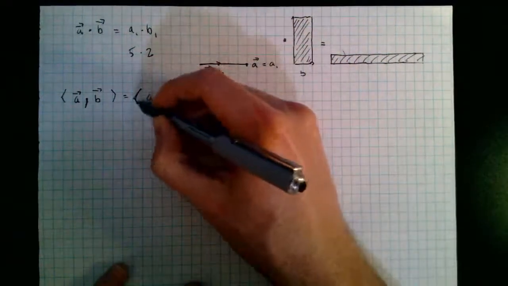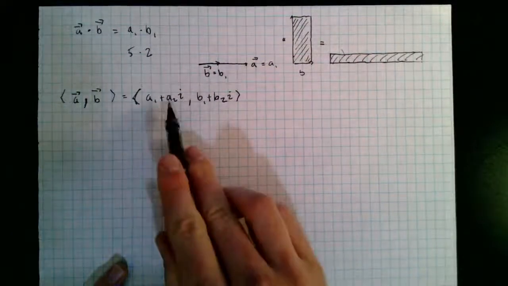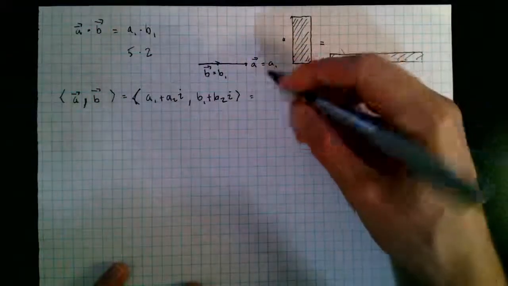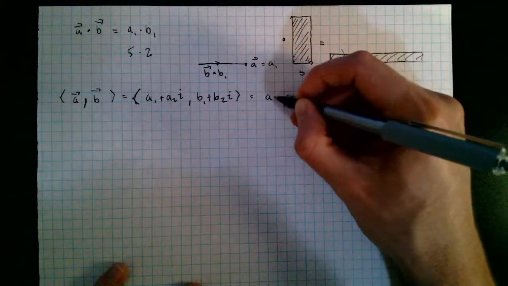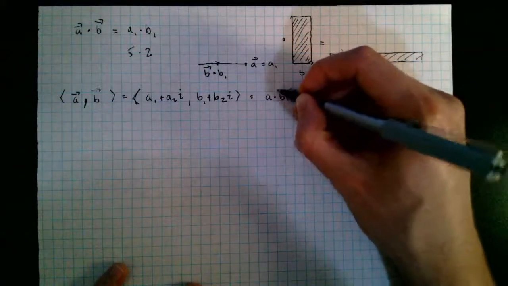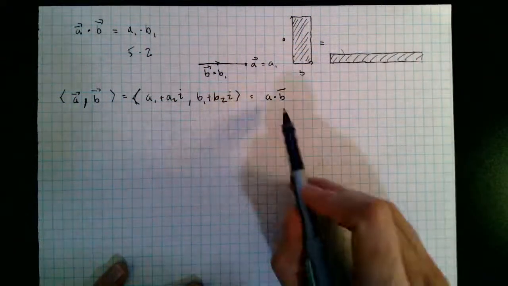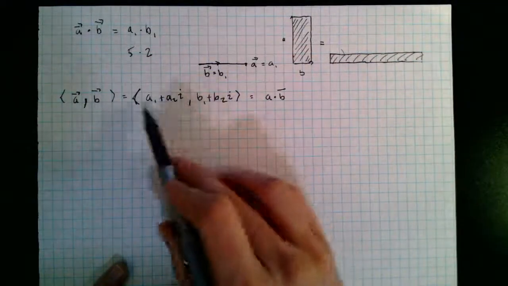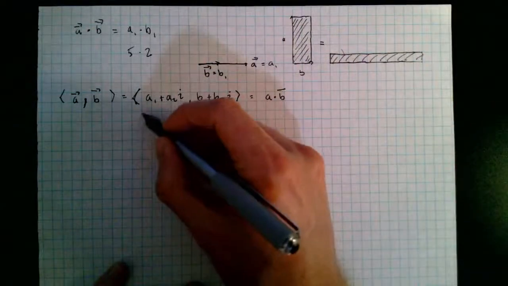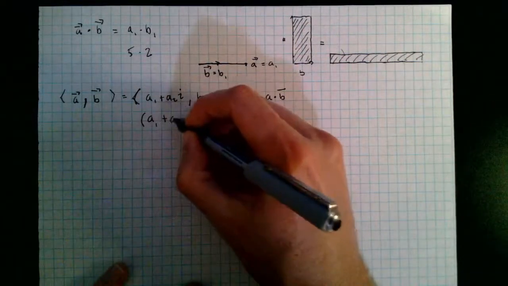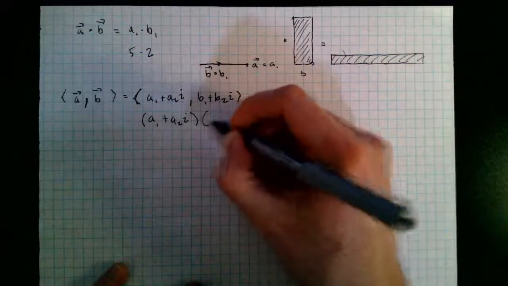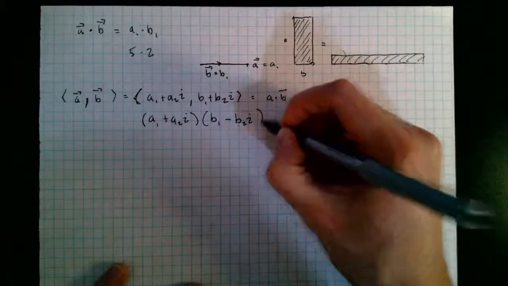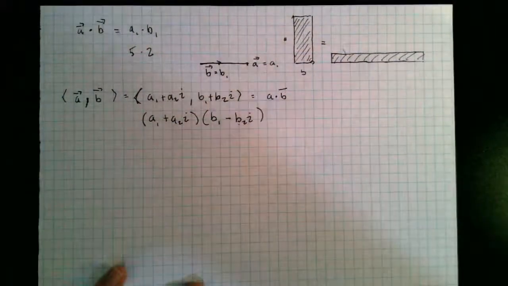If you're one-dimensional and you have a complex inner product, this is just A times B conjugate. So I'm going to make this a negative sign, and then we can just do multiplication: A1 plus A2i times B1 minus B2i. I'm taking the conjugate here.